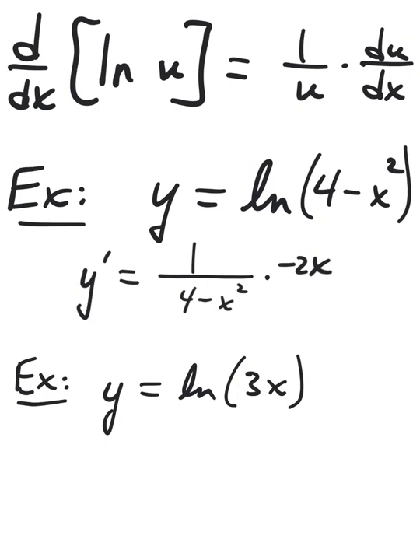It's the reciprocal times the derivative. If you wanted to put this all in one fraction, please feel free to do so. It looks a little neater. It's not required, but it just looks better. And so that's what I would enter for a derivative, negative 2x over 4 minus x squared.